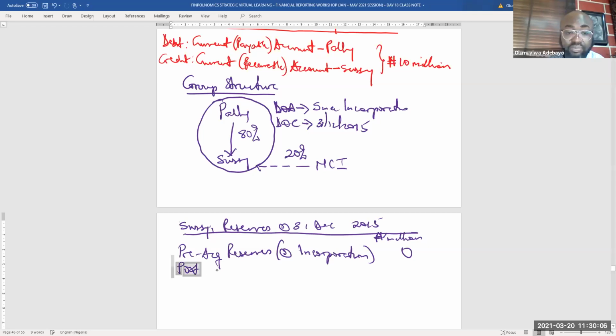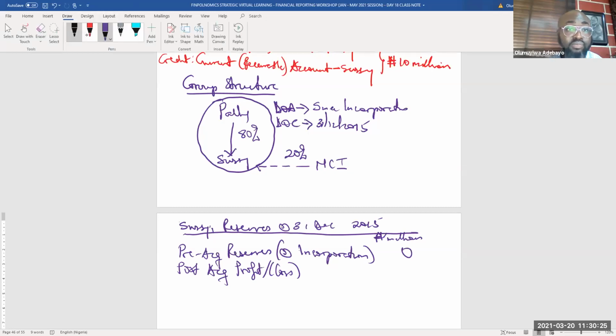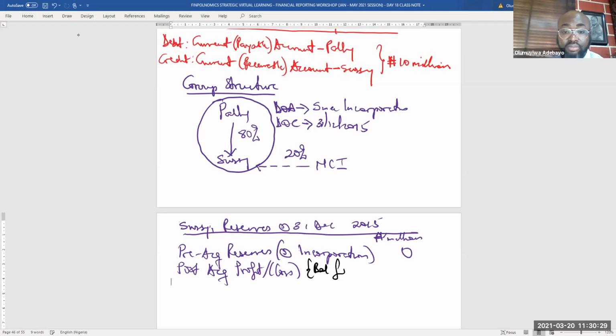And post-acquisition, or loss, which usually is the balancing figure.